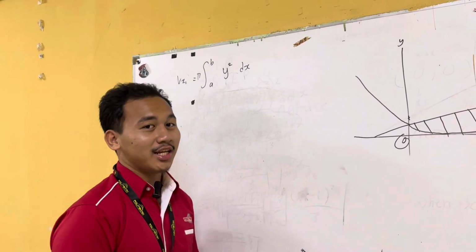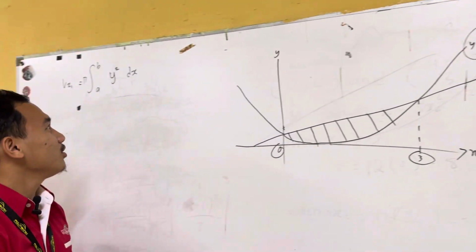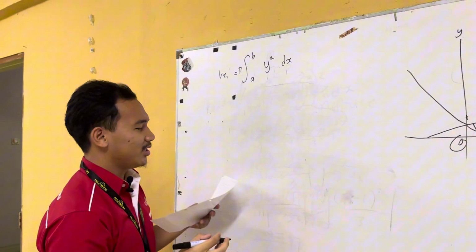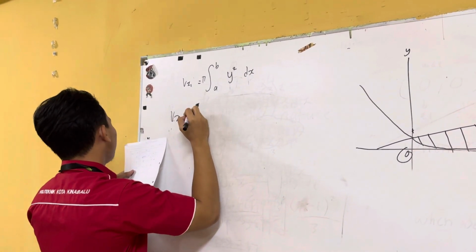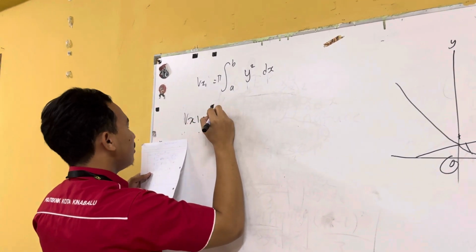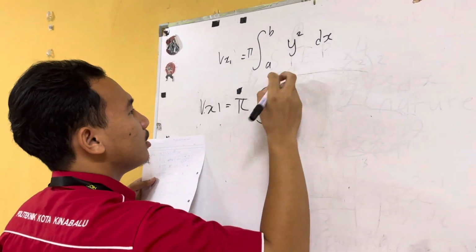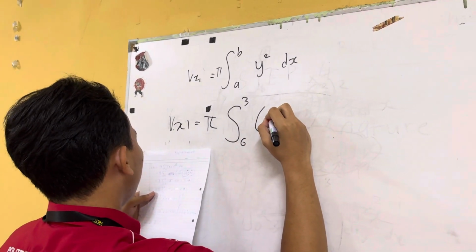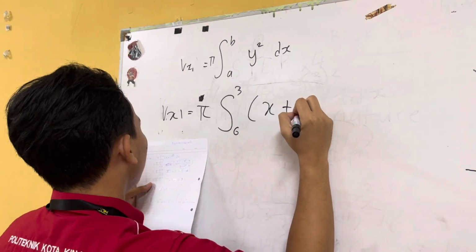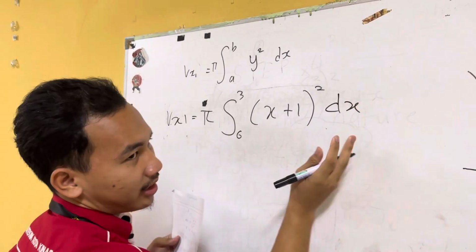So, for the next step, when we calculate this Vx1, we just use the same formula. Let me write it down. Vx1 equals pi integral from 0 to 3 of (x plus 1) power of 2 dx, just like this.